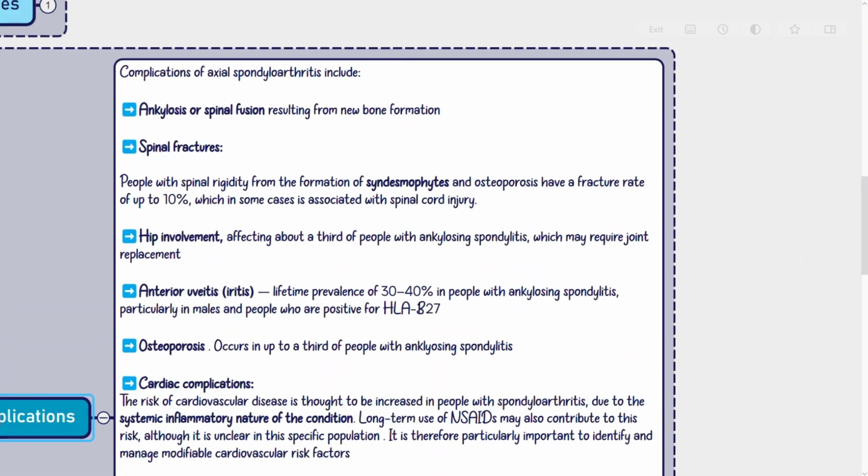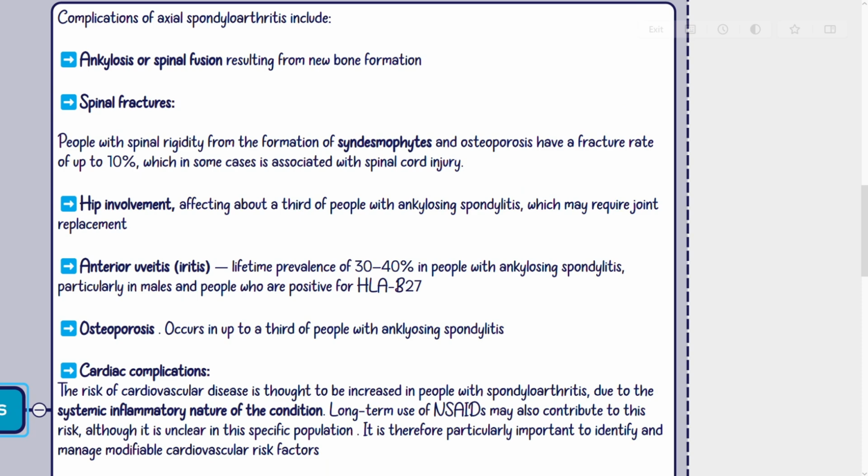Complications of axial spondyloarthritis include ankylosis or spinal fusion resulting from new bone formation. Spinal fractures: people with spinal rigidity from the formation of syndesmophytes and osteoporosis have a fracture rate of up to 10%, which in some cases is associated with spinal cord injury.